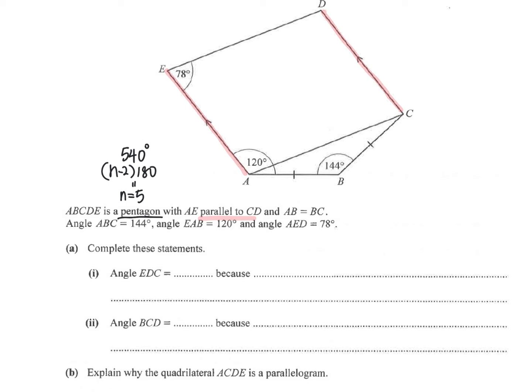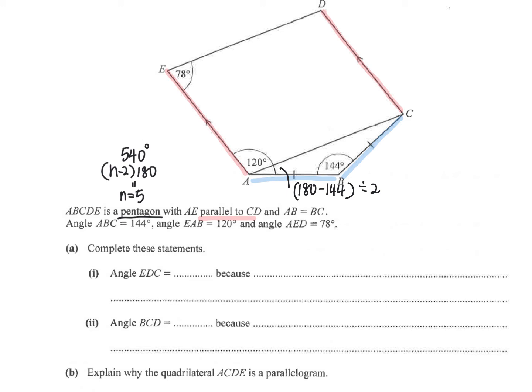Next, they say AB is equals to BC. So we have a pair of isosceles triangles. If I have a pair of isosceles triangles, I can find the angle over here. This angle will now be 180 minus 144 divided by 2, base angles of isosceles triangle.